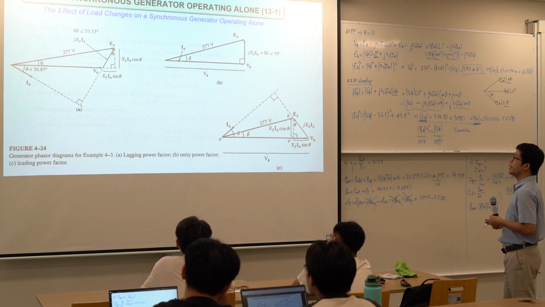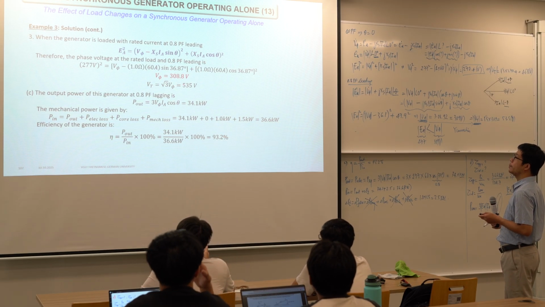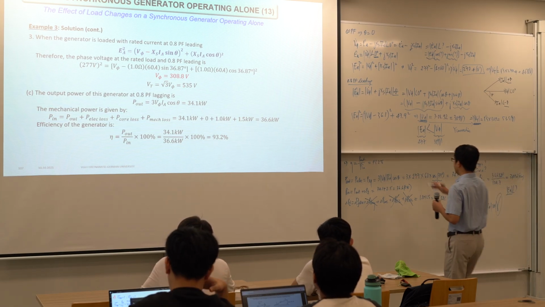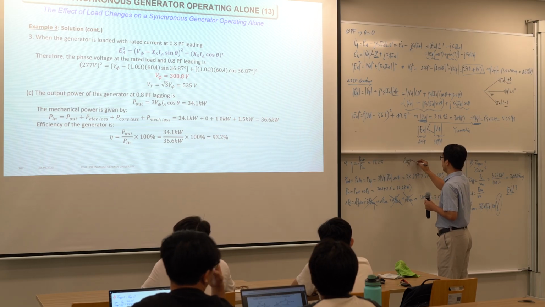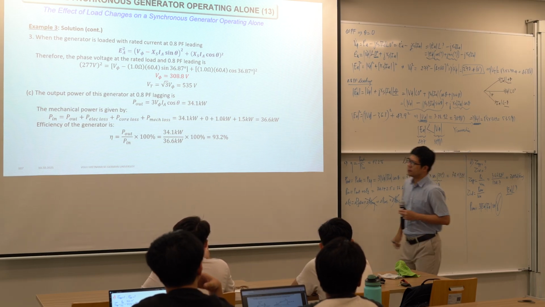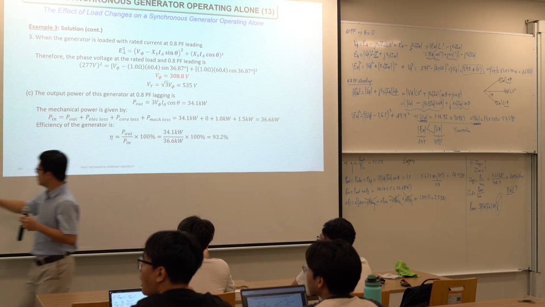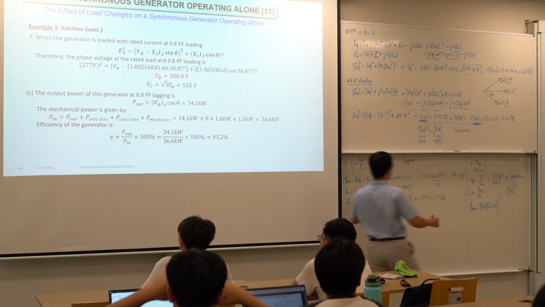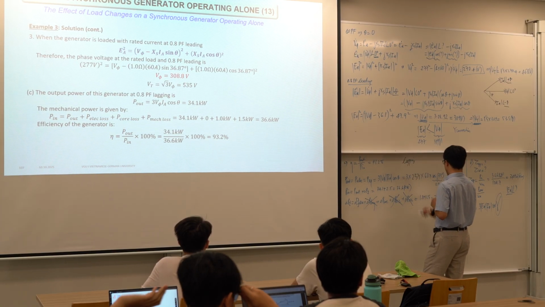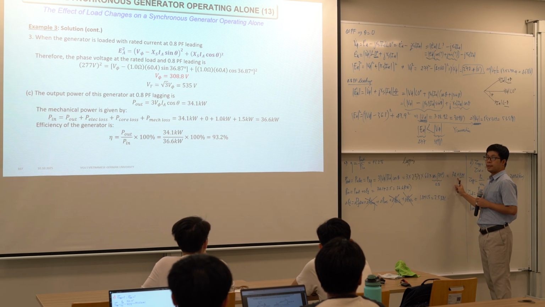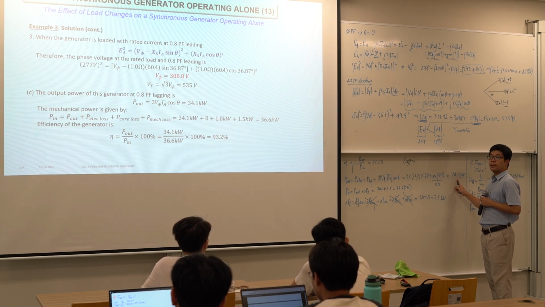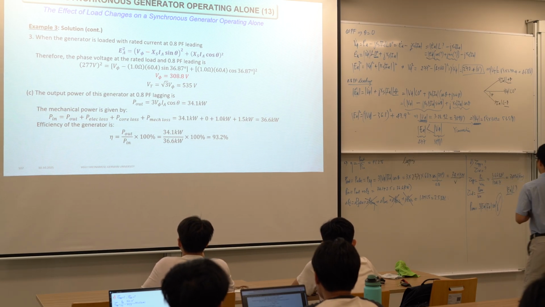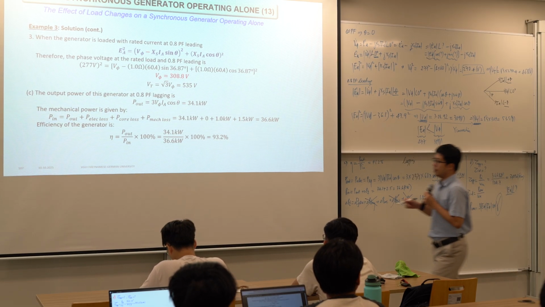I mean the PE. This one is not 277, but this is lucky. So V phase is how many? 237. Oh my God. Yeah, please remind me if I have something wrong. Now, double check. This is 21.24. Okay, correct.